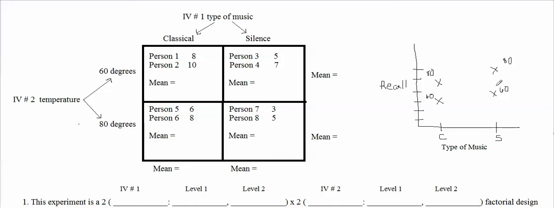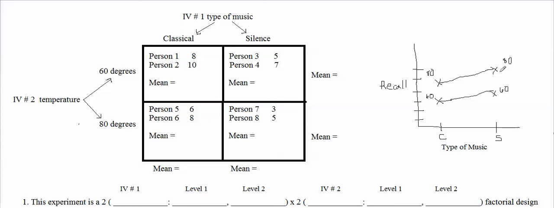Here we have the two cell means in this column. So it's just the four cell means. You draw a line to connect the two 80-degree cell means. You draw a line to connect the two 60-degree cell means, like this, and you have a graph.